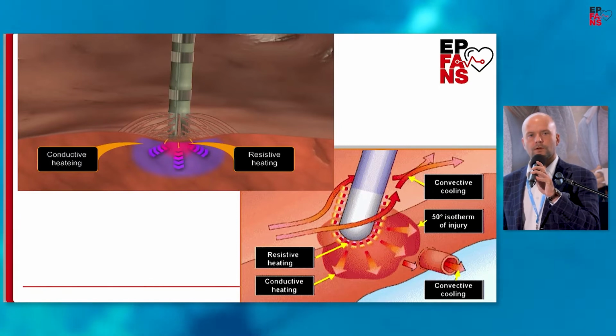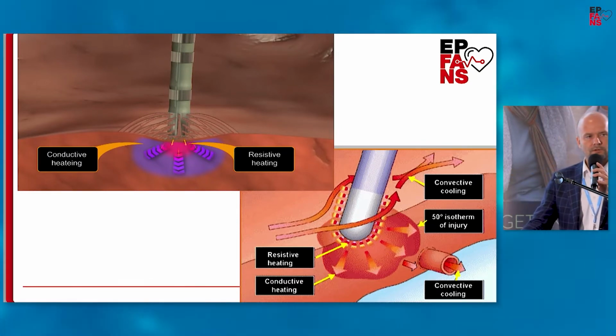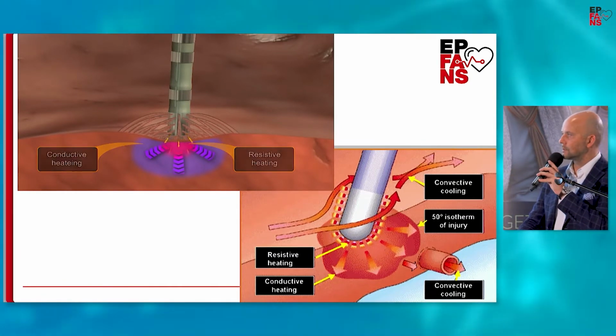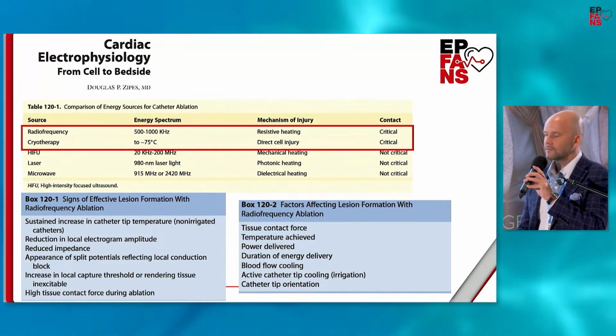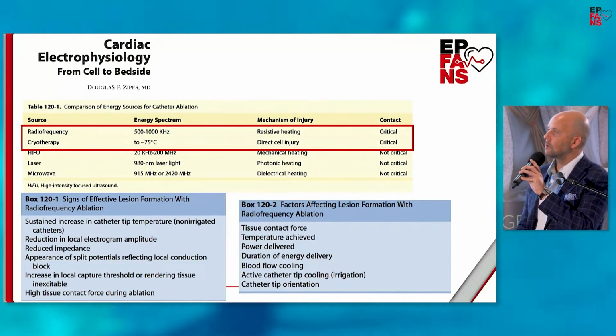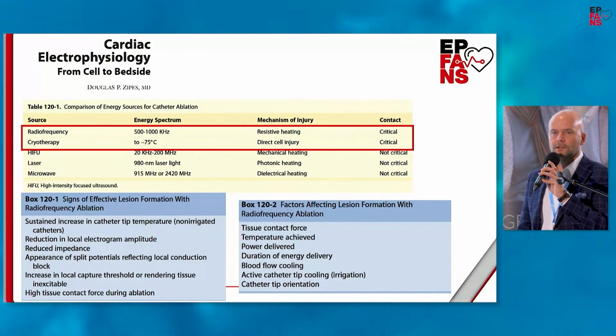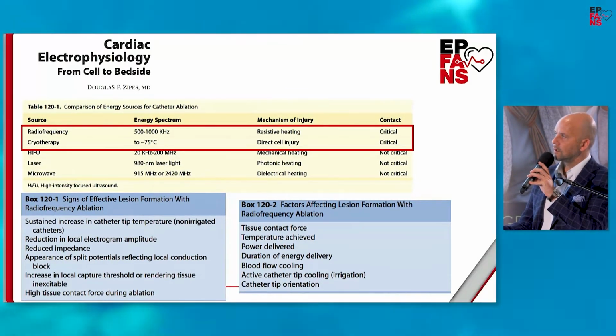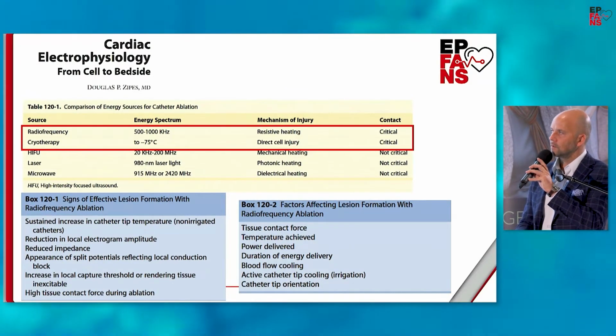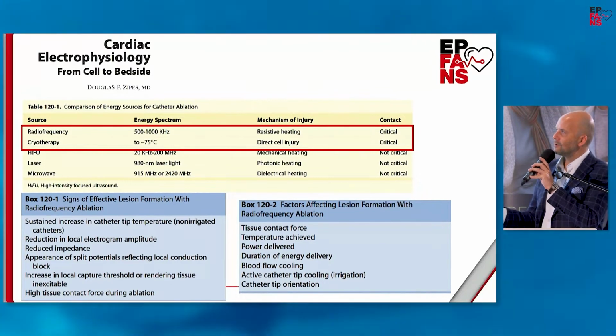Both ablation strategies, cryoballoon and radiofrequency ablation, critically depend on contact with the tissue. On this slide, you can see the list of factors affecting lesion formation with radiofrequency ablation.